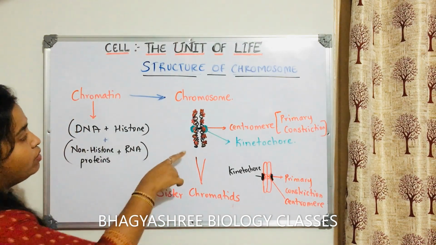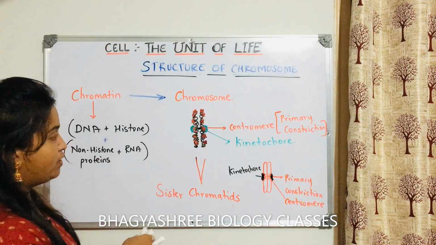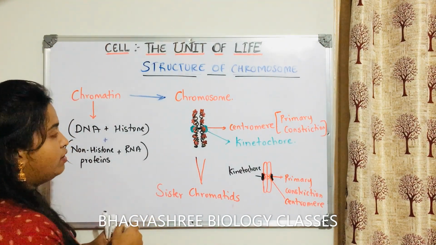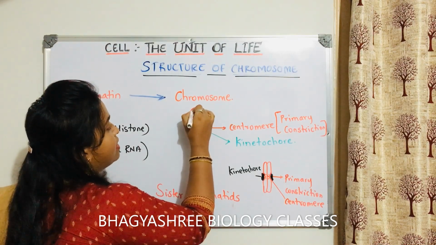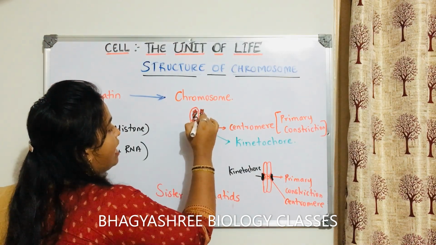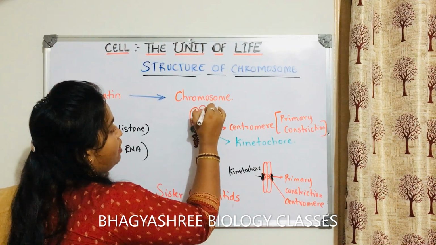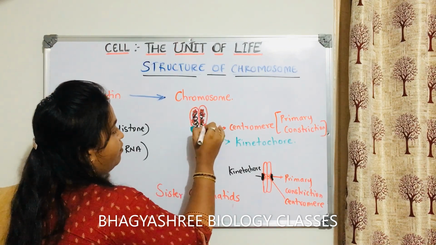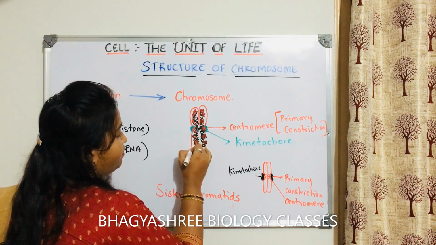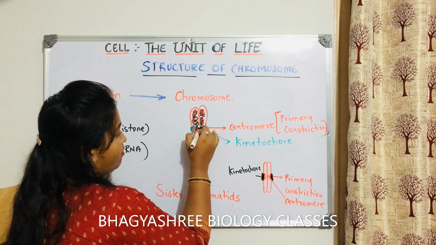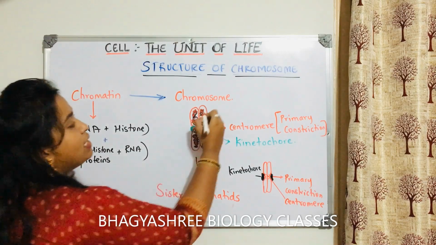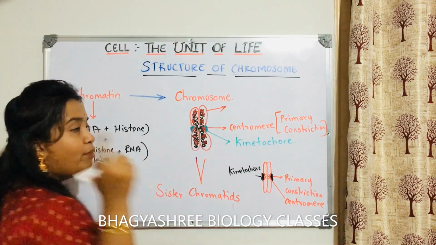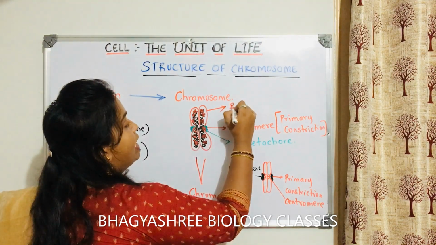Okay, now this chromosome, when it has formed, it will have some outer protein membrane like this. Are you understanding this? This outer membrane is also made up of protein and we call it pellicle.